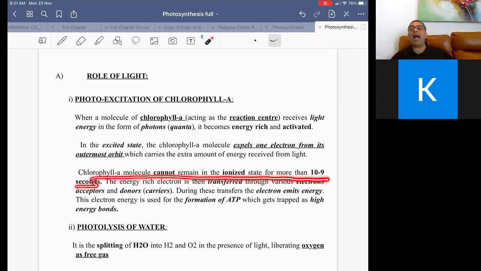In 10 raised to minus 9 seconds, chlorophyll A has to reach from excited state back into ground state. Just 10 raised to minus 9 seconds.